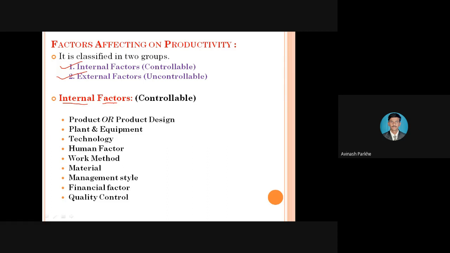So the first factor, which type of product we have to manufacture in the industry, is an internal factor that also affects the productivity.